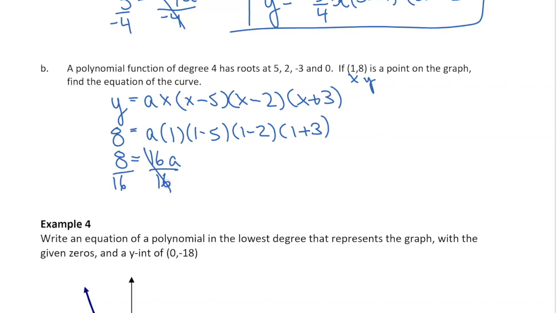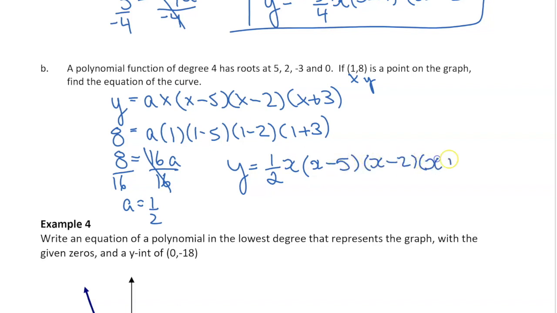And our a value is going to equal 1/2. So then, once again, let's rewrite what we have for our entire function, and we'd say y equals 1/2 (x minus 5), (x minus 2), (x plus 3).